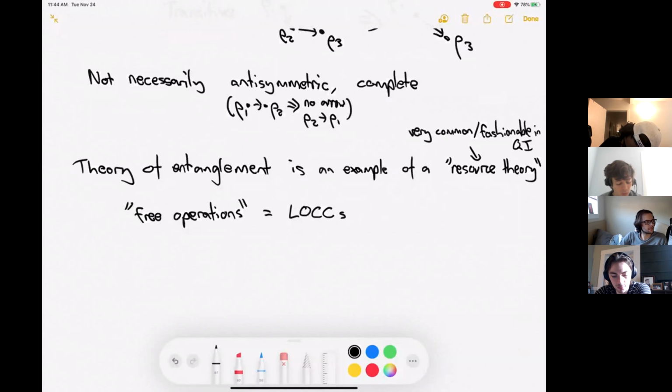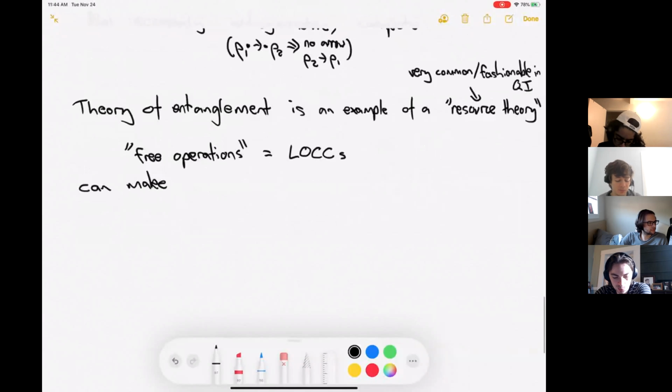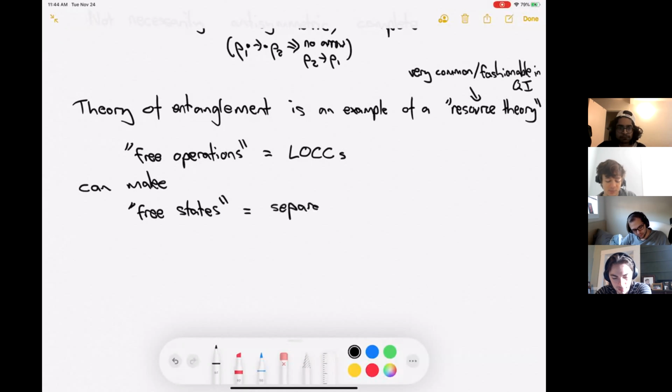Then, with your set of free operations, there is some set of so-called free states that can always be made using those free operations. In this case, the free states that we can easily make are the separable states.